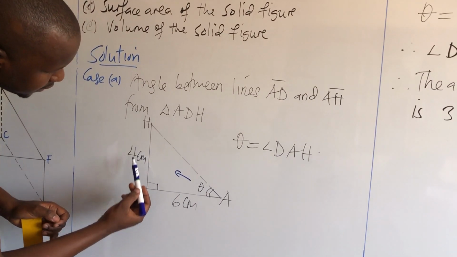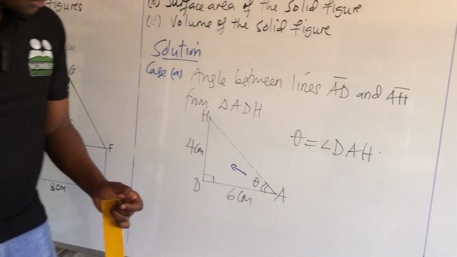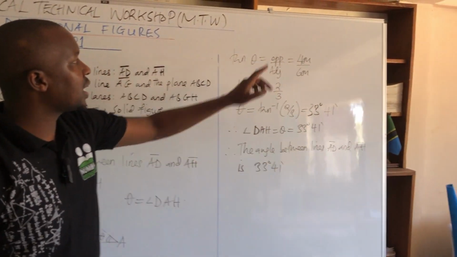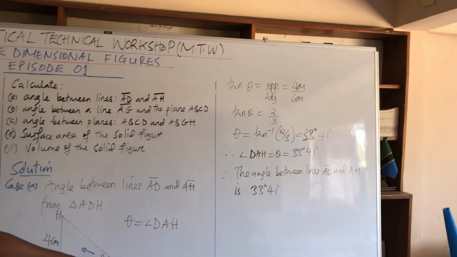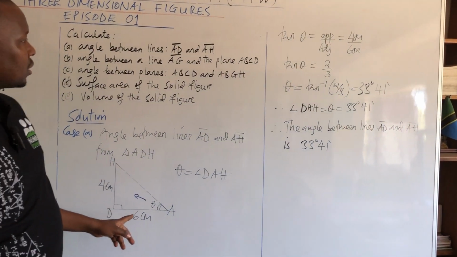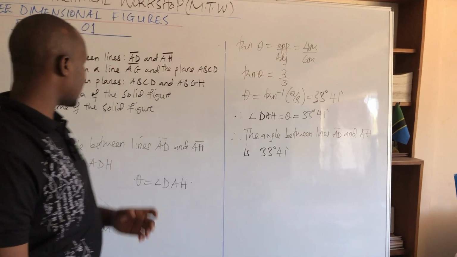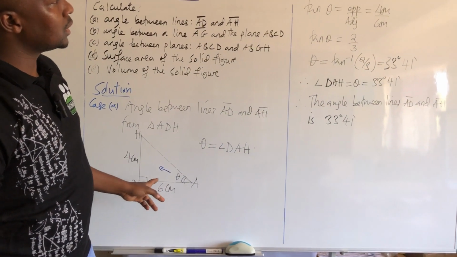Because we have the opposite and the adjacent side, we can use the trigonometric ratio, tangent. So tan of theta equals the ratio of the opposite side to the adjacent side from the right angle triangle HAD.